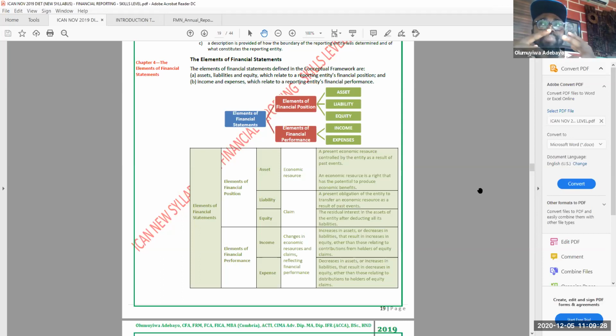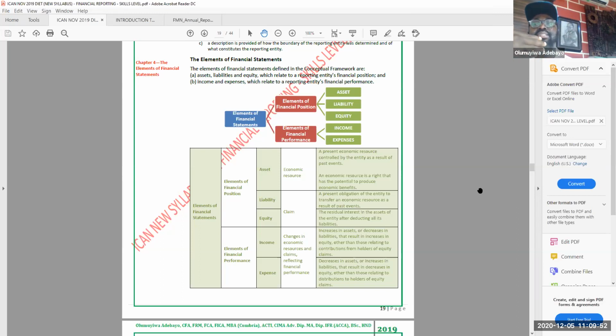Liability brings about outflow of economic resources, whereas equity, though, is a claim over the net asset. It is simply seen as the residual interest in the asset of any company after all of the liabilities has been settled or deducted.